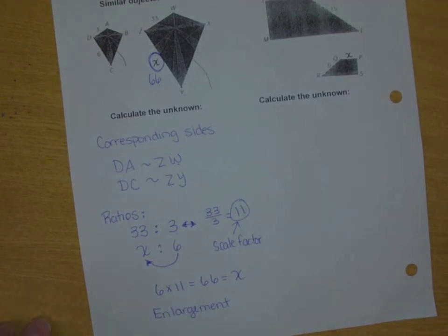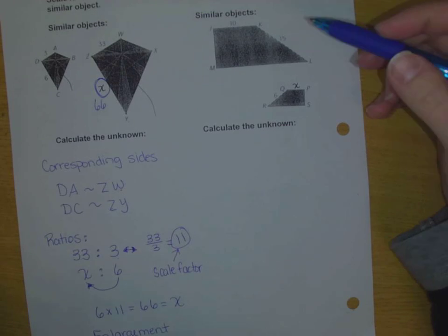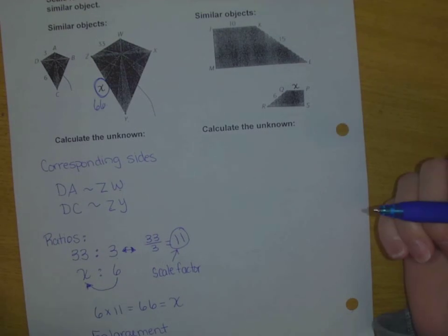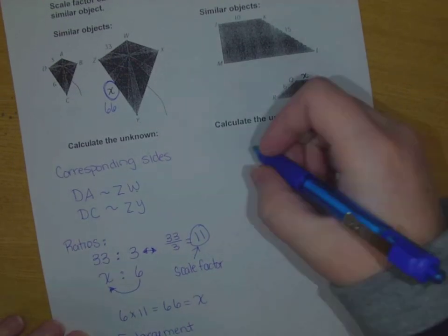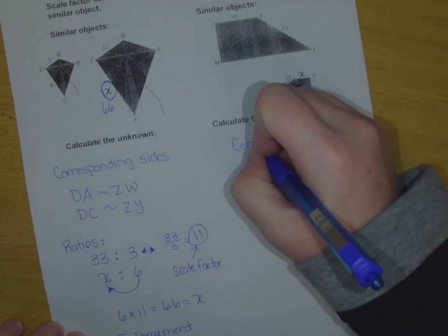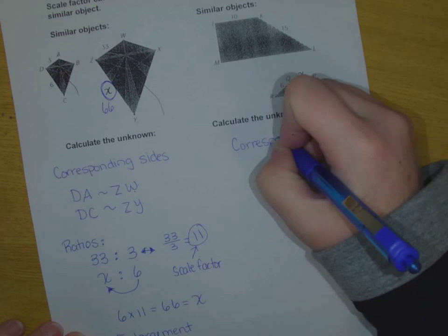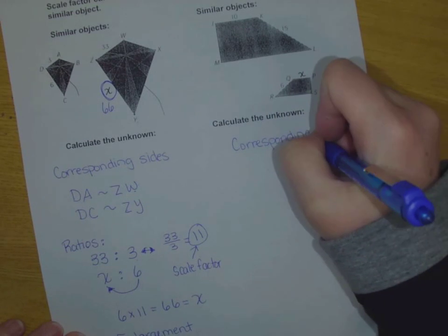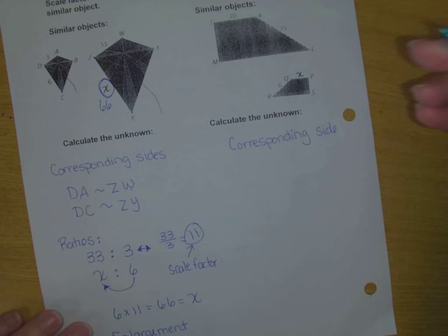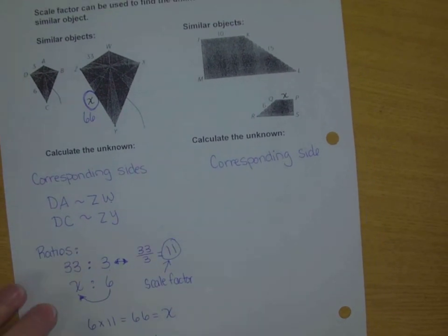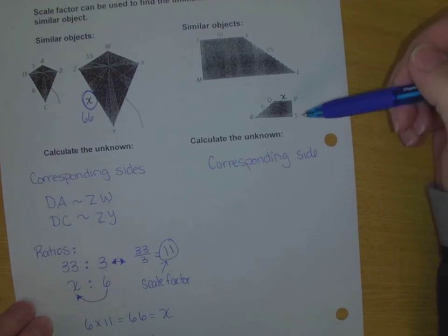All right, so now we have one more example, and I'm going to show you a different way to calculate this one. First, we're going to figure out our corresponding sides of this shape. You might notice that these shapes are not facing the same way, so here you have to look a little bit harder. Think of it flipped so you can compare them easily.